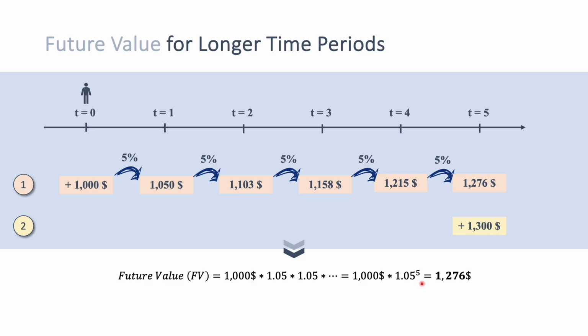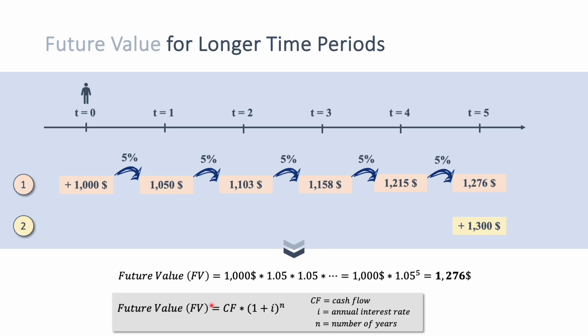So the general formula for the future value of cash flows can be stated as cash flow times 1 plus the annual interest rate to the power of the number of years. Using this formula, we can compare the two streams of cash flows in year 5 and see that option 2 is more beneficial since 1,300 is more than the future value of our $1,000 today, which is 1,276.